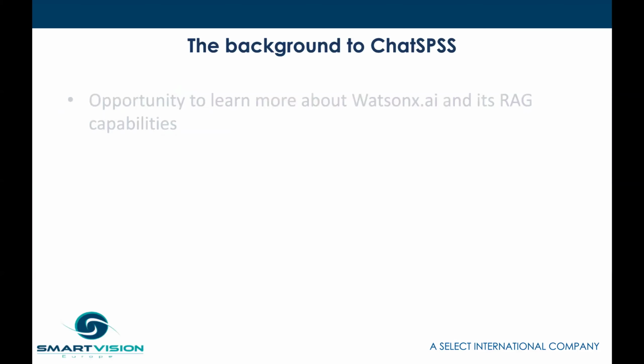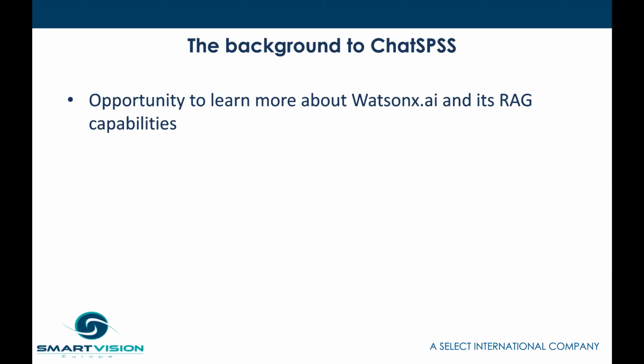The reason we did it was because we wanted to learn about Watson X AI more deeply, and its RAG capabilities. We've already used Watson X AI for other projects. It's a platform with many data science and machine learning capabilities. We might use it for document classification, or for a lot of data science type projects.